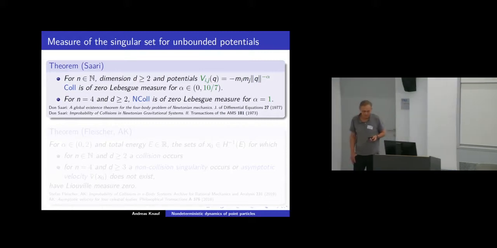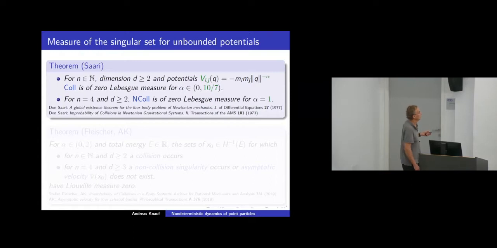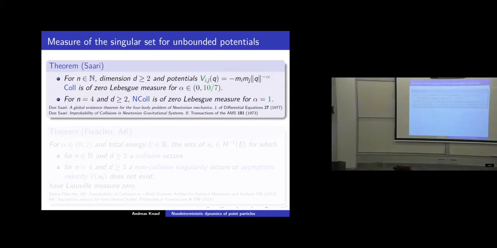So in papers from the 70s, Saari showed that in all relevant dimensions of configuration space, starting with d equal 2, and homogeneous interactions of the form in celestial mechanics, the collision set is of zero Lebesgue measure in phase space, and alpha was then between 0 and 10/7.